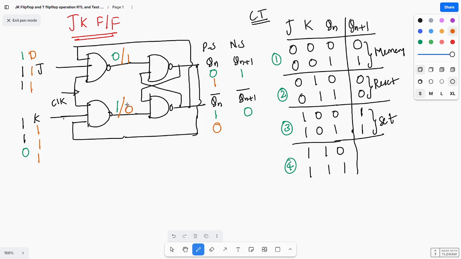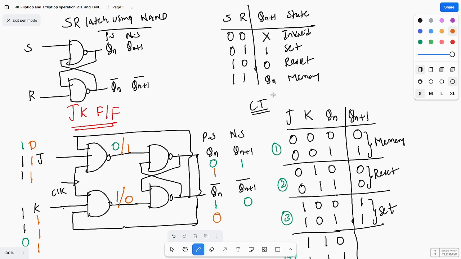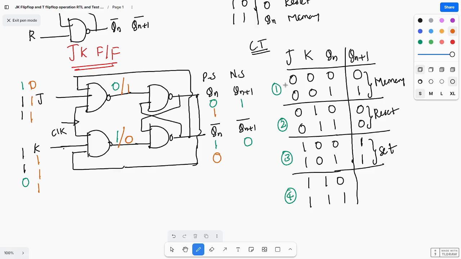So for a NAND latch, 1 0 is reset state. So that means if the present state is 1, it is toggling to next state 0. If present state is 0, it is toggling to 1. So this state is nothing but, if present state is 0, you get next state as 1, and if present state is 1, you get next state as 0.